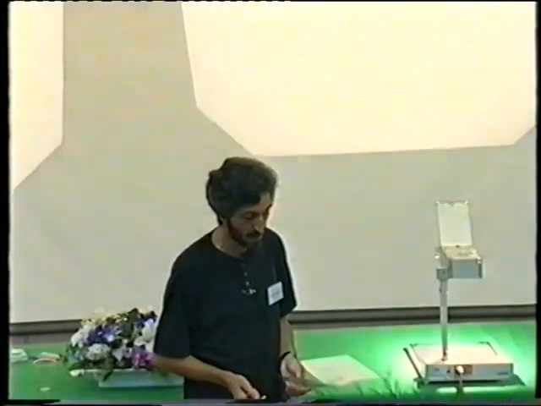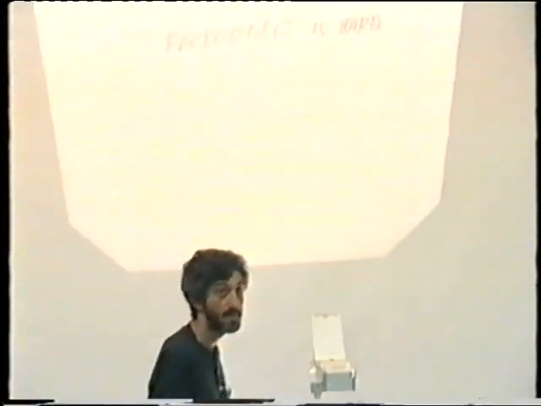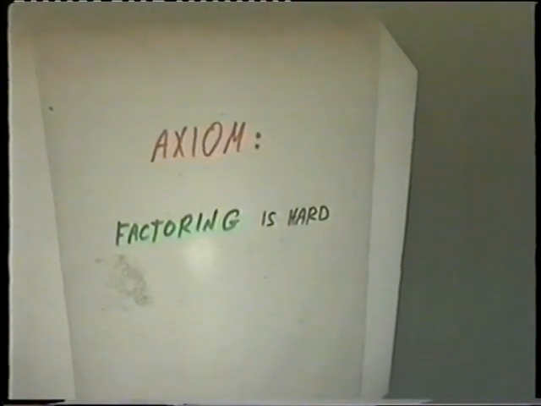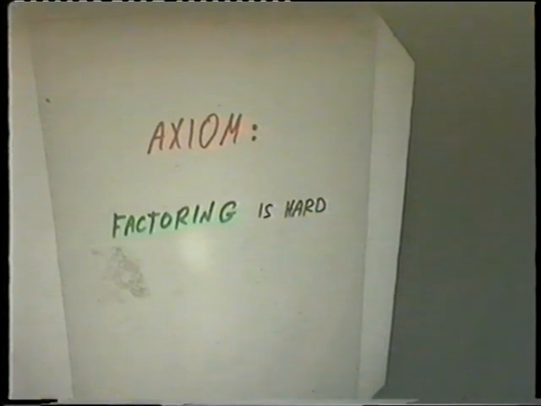As I said, the basic question we don't know how to solve is to prove that something is difficult. We don't know that P is different than NP, or that factoring is hard. So what I want to see is what happens if we take as an axiom, we add to mathematics this axiom. From the rest of the talk, this is an axiom. We don't know whether it's true or false, so we can add it as an axiom. Or it may be independent of set theory, of course, we don't know.